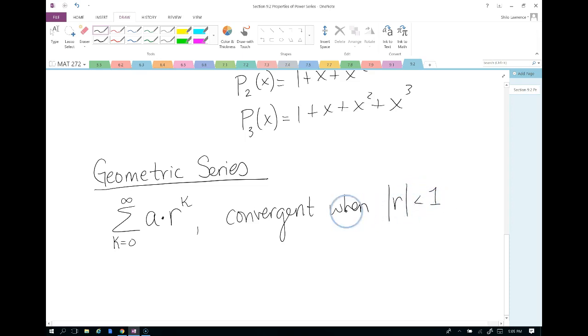So the reason that's true, if you think about it, r is the value that we're raising to larger and larger and larger powers. If I eventually want this sum to stop somewhere, which is what convergent means, it settles in on just one value, then I don't want a large number here for my r, and then raising it to larger and larger powers is just going to make it grow without bound. So if you raise a number between -1 and +1 to larger and larger powers, they actually collapse in on 0.